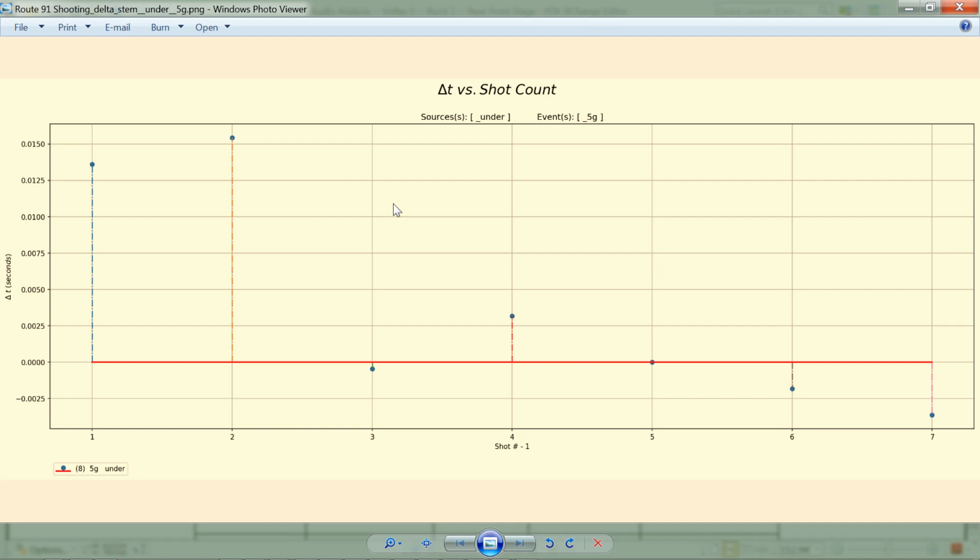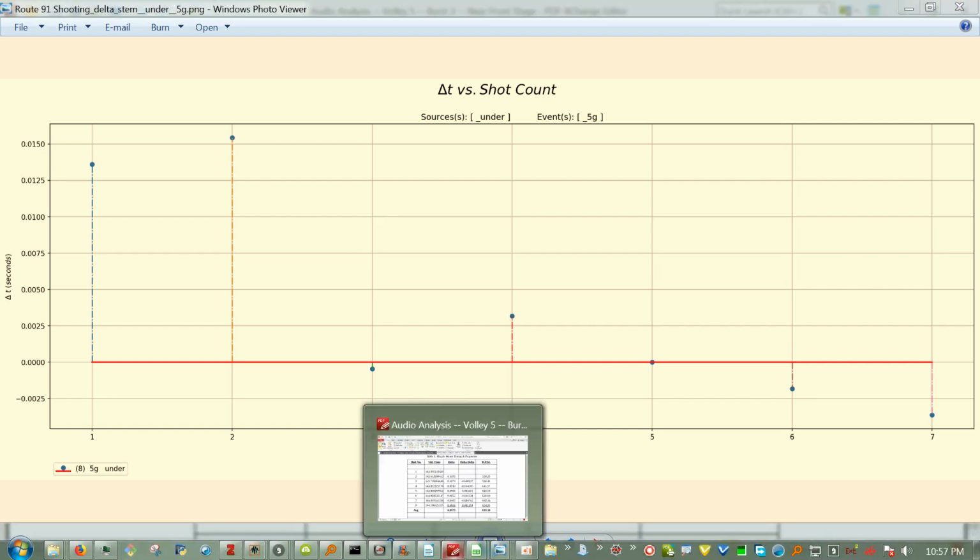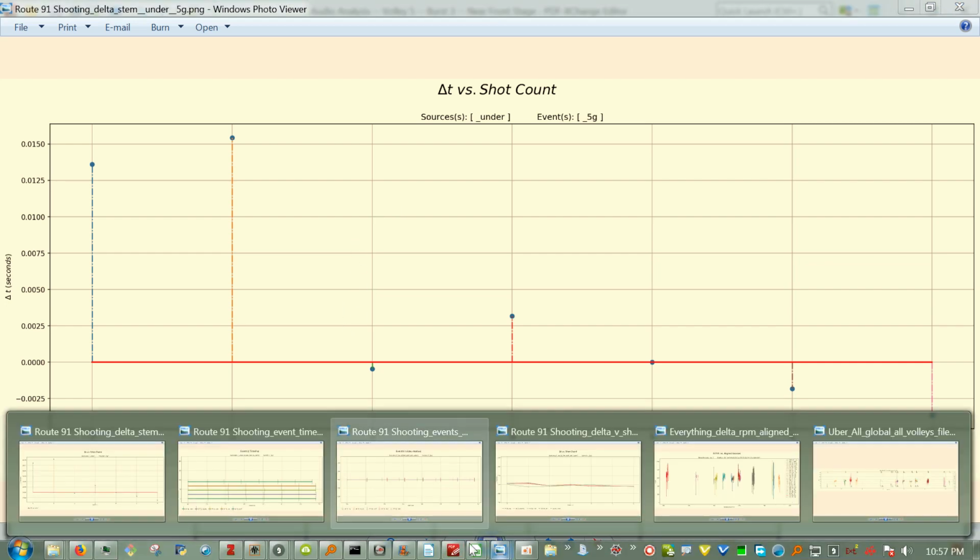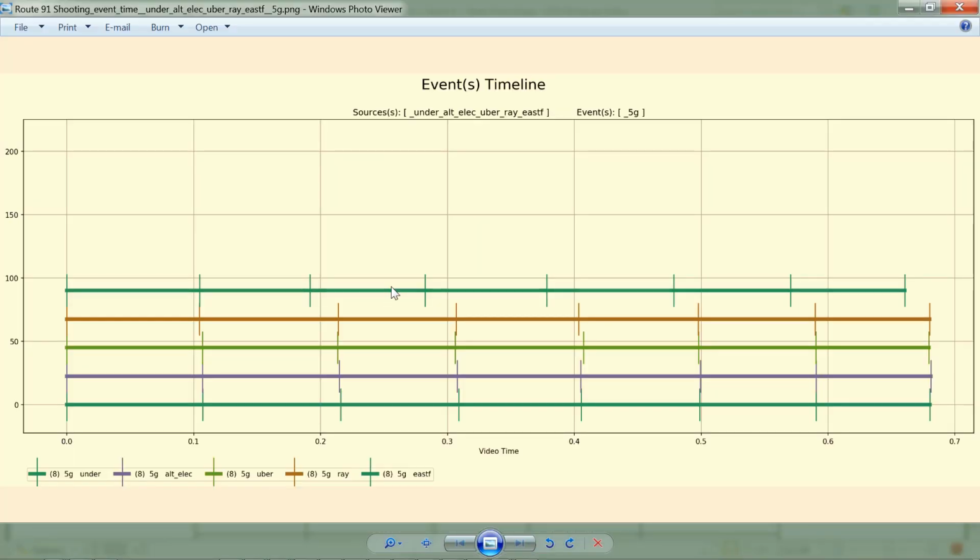Now if we wanted to combine multiple plots from multiple videos, then we could produce something that looks like this. This is a good graph for comparing the same volley, which in this case is the third burst of the 5 volley, same one we've been working on, but I am comparing 1, 2, 3, 4, 5, 6 different videos, and I've given them all mnemonics.